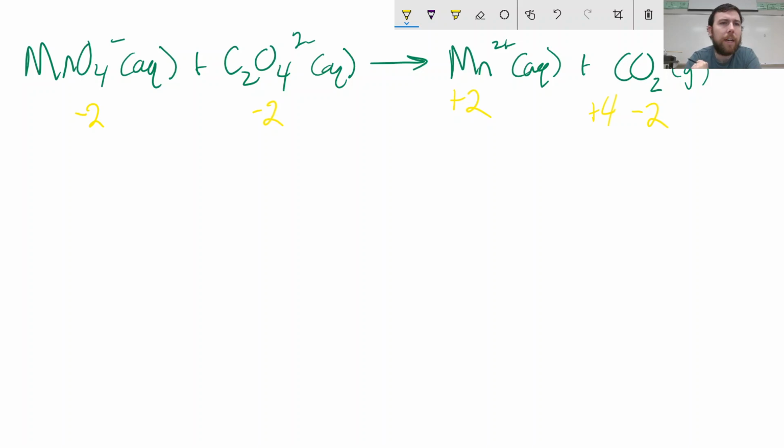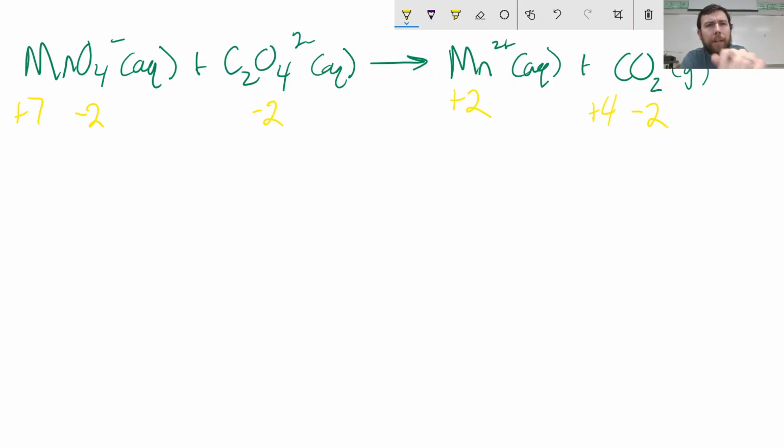And in order for this to have an overall minus charge, that means that the oxidation state for the manganese is +7, right? Because you've got 1 manganese at +7, and 4 oxygens at -2. 7 minus 8 would give us -1, which matches up with the charge for the permanganate ion.